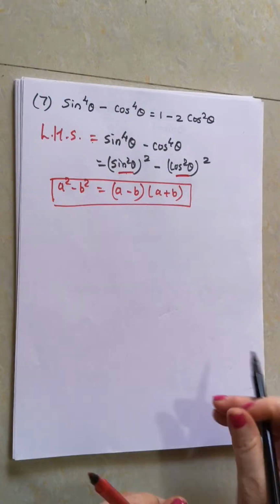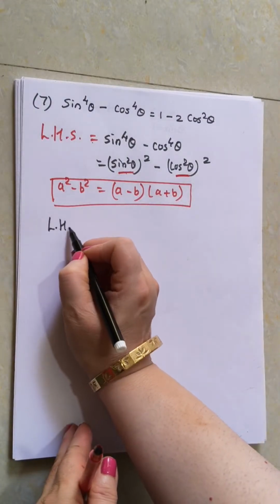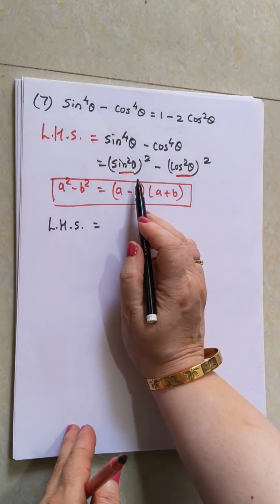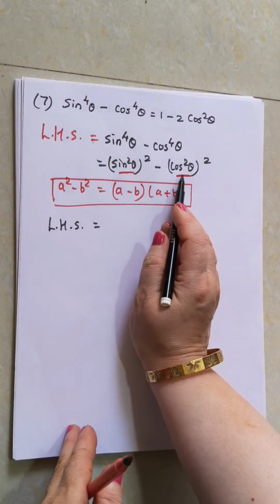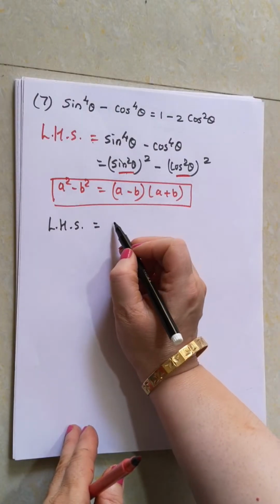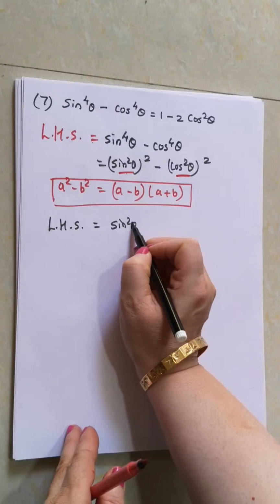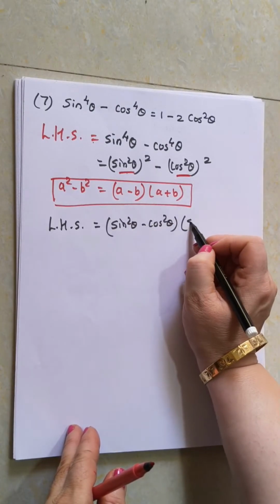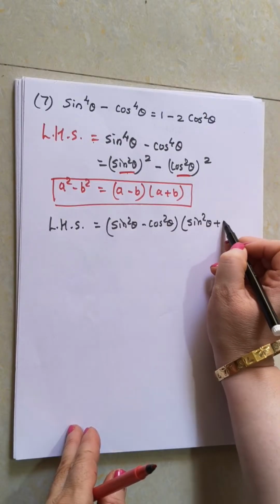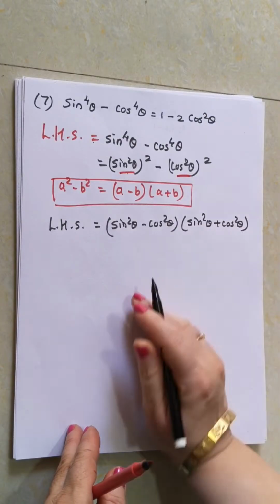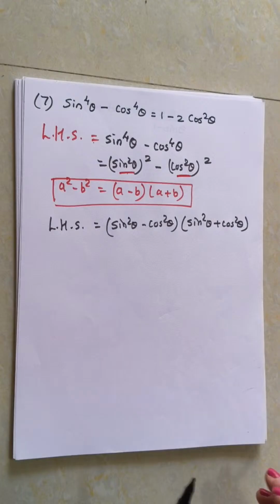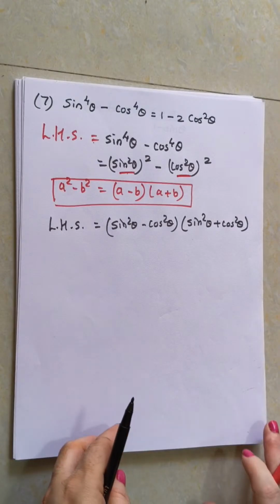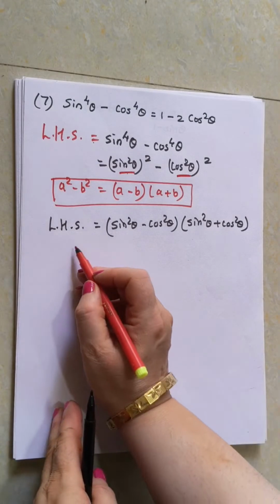So let us write LHS. What is LHS? That is a minus b, which means sine square minus cos square, and a plus b means sine square theta plus cos square theta. Now here we are going to use a trigonometric identity. And what is that trigonometric identity?